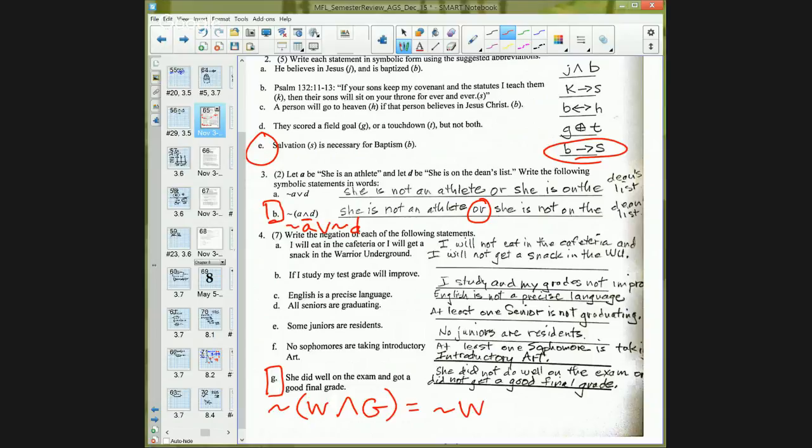Not W or not G. Then we translated that into words: she did not do well on the exam, or she did not get a good final grade. Again, you can't see it very well. That's an or way over there in the corner. I cut it off when I scanned it accidentally. Most people that got this wrong used and here again. So I think the problem is people just didn't see it as a De Morgan's law problem. Otherwise, they would have known.